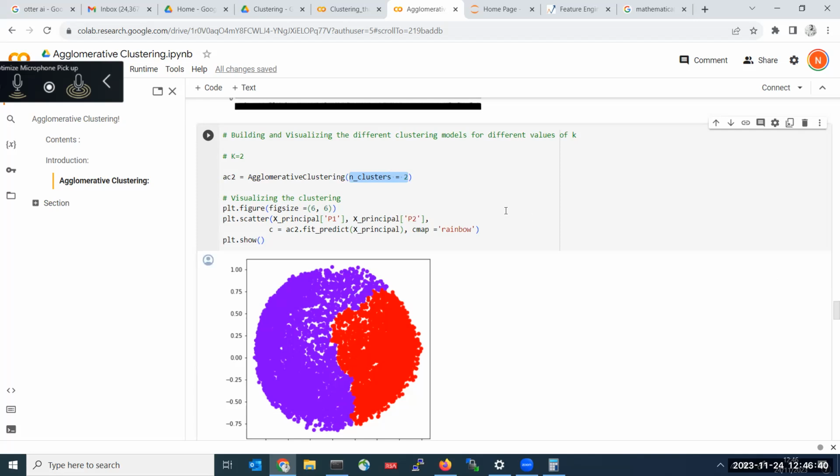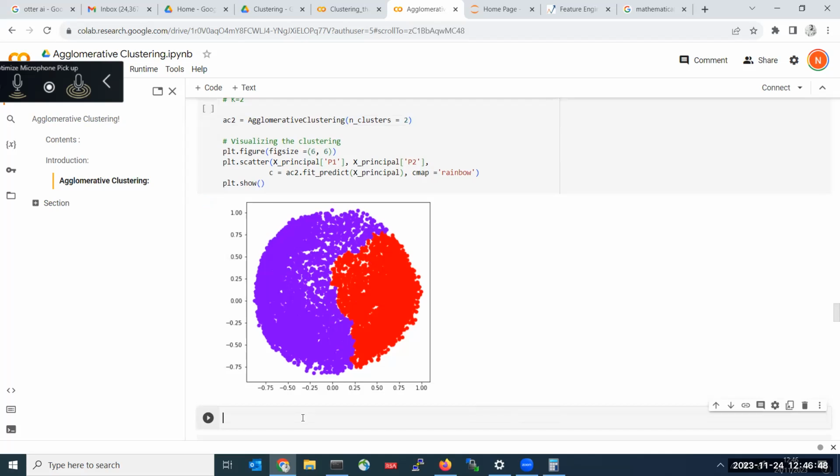So this is the way of using agglomerative clustering. In the same way, in place of agglomerative clustering, you just need to use the k-means algorithm model. It's just like changing one parameter. That code we will also discuss in another session.